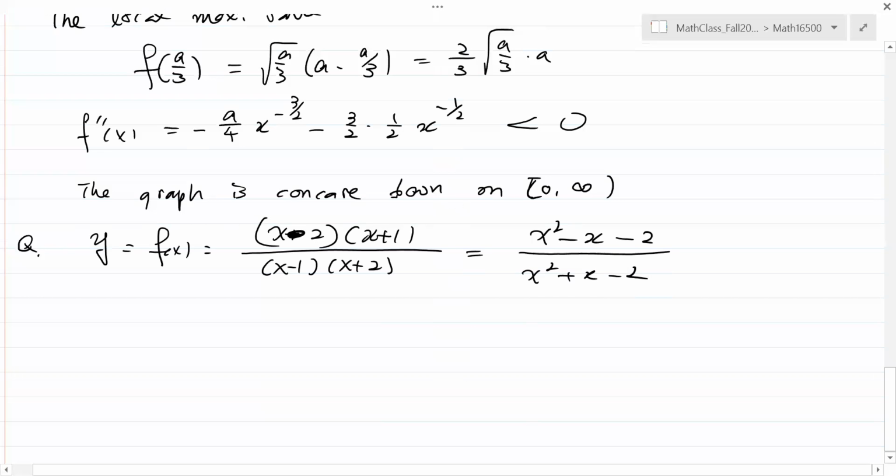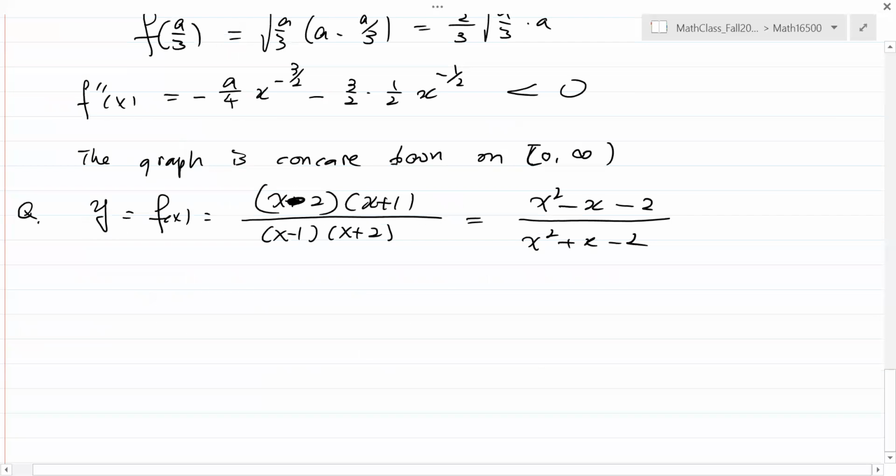Okay. So how do we sketch this graph? Well, at least you have to figure out the intercepts. Intercepts is when x equals 0, right? What is the y value?